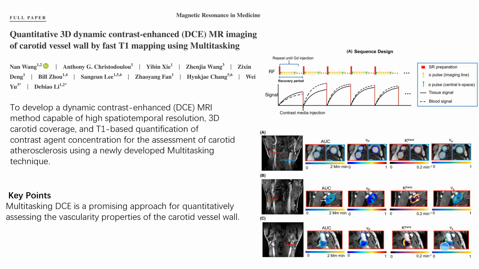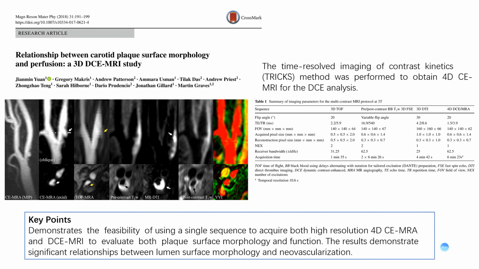And Wei Yu's group found multitasking DCE is a promising approach for quantitatively assessing the vascularity properties of the carotid vessel wall. And this study from Cambridge demonstrates the feasibility of using a single sequence to acquire both high-resolution 3D MRI and DCE MRI to evaluate both plaque surface morphology and function.